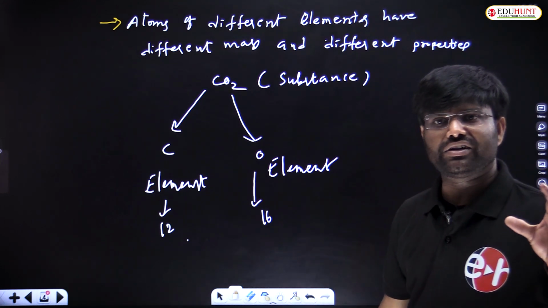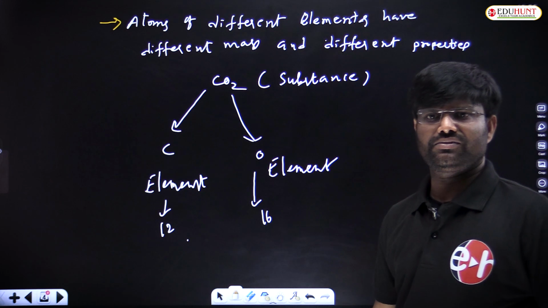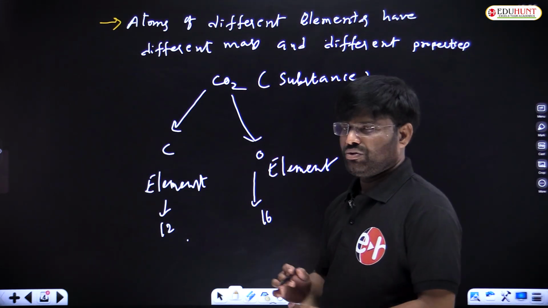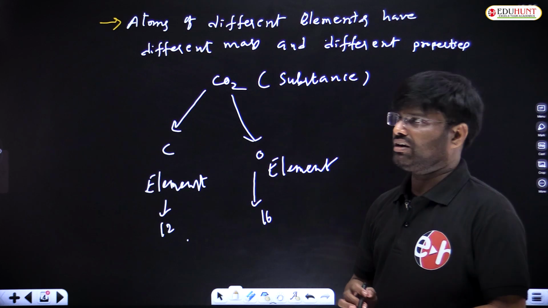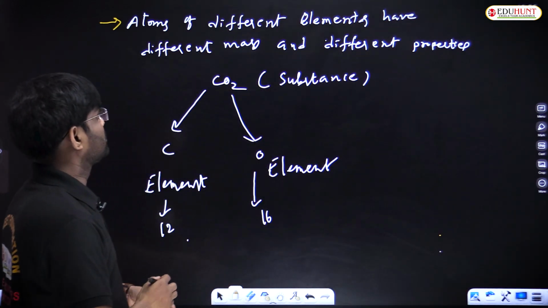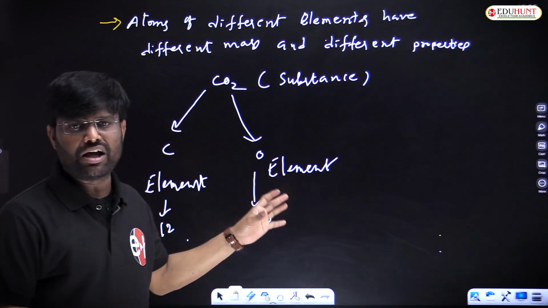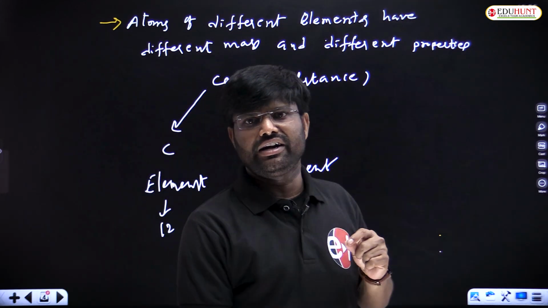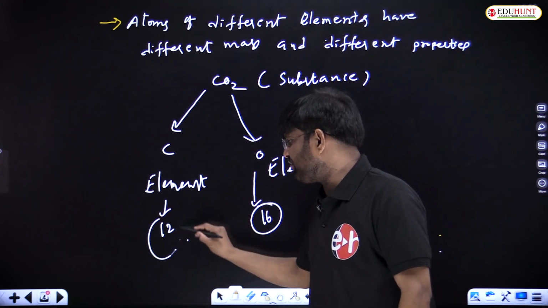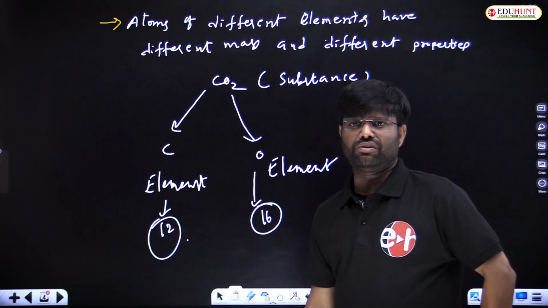Understanding? Atoms of different elements have different mass and different properties. So carbon is different, oxygen is different. This is the fourth point.